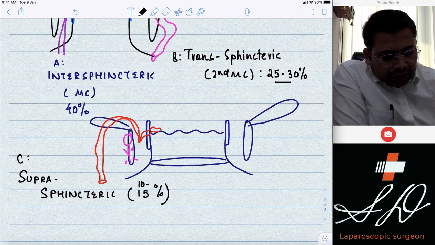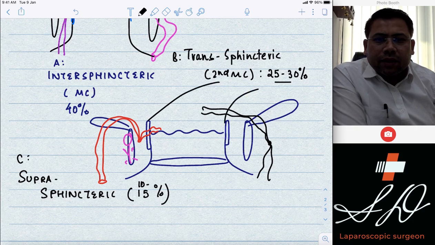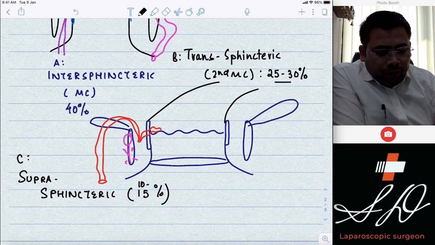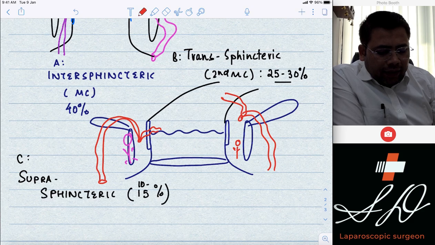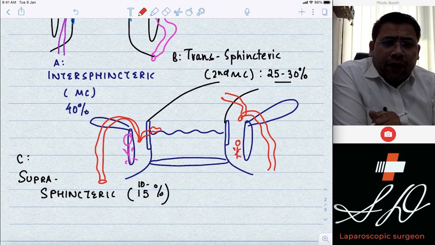Now let us see. There is a fistula with external opening here and internal opening at the level of rectum. Can you see? The internal opening is at the level of rectum. Imagine this. Now you are standing with respect to what? The external sphincter. Now you cannot see. Why?